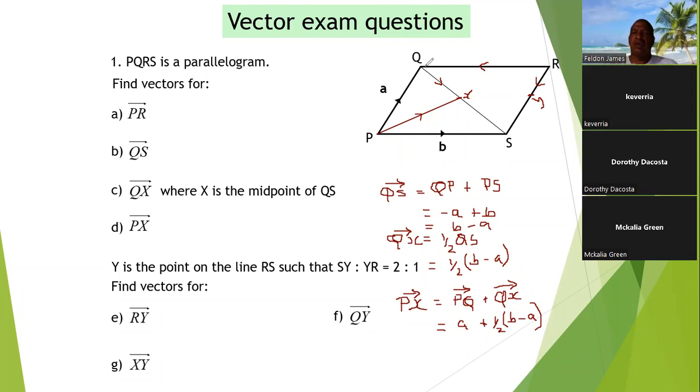We can go from R to Q, then Q to S, and then S to Y. So RY is equal to going from R to Q plus Q to S plus S to Y.